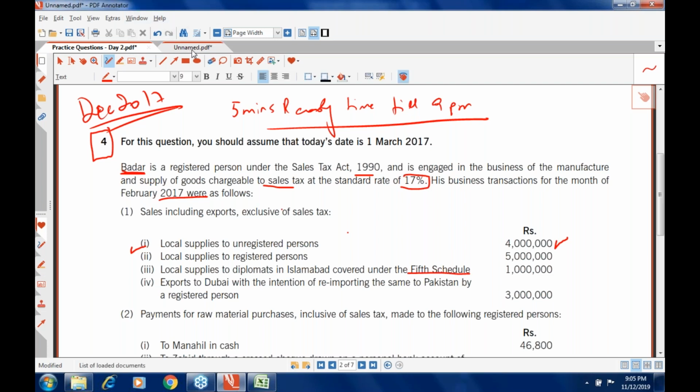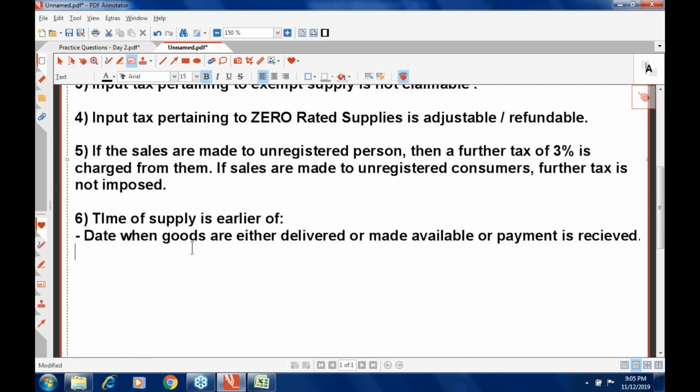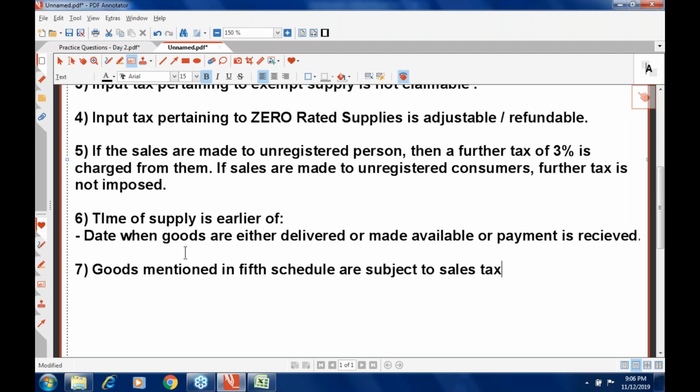If you remember from our earlier discussion, the goods mentioned in the 5th schedule are subject to sales tax at 0%.